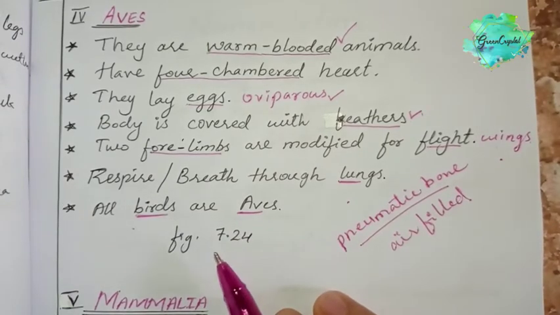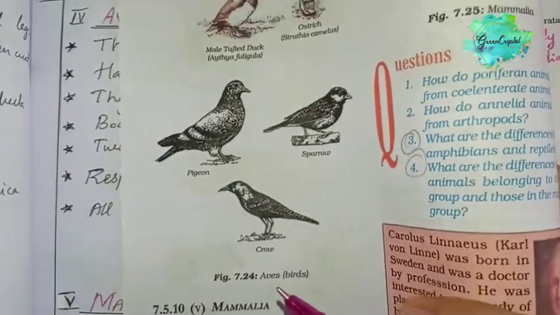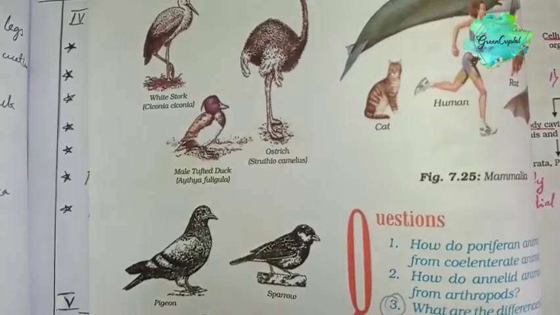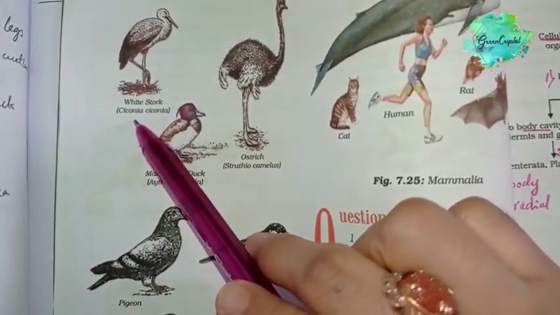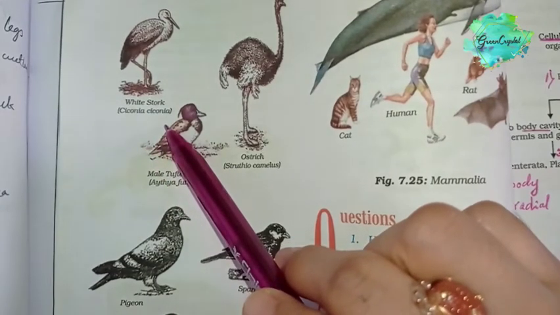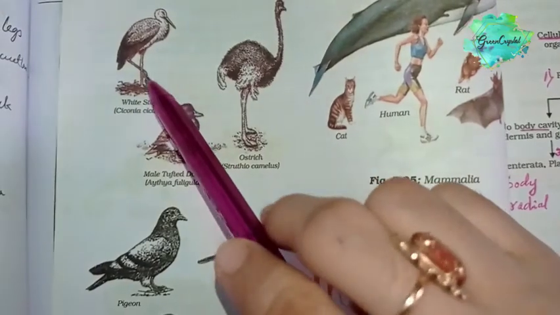Let's move on to the diagram 7.24. Okay, see here examples of Aves. So the first one they have given here is white stork, that is Ciconia. Okay, they are large birds, long red legs will be there.